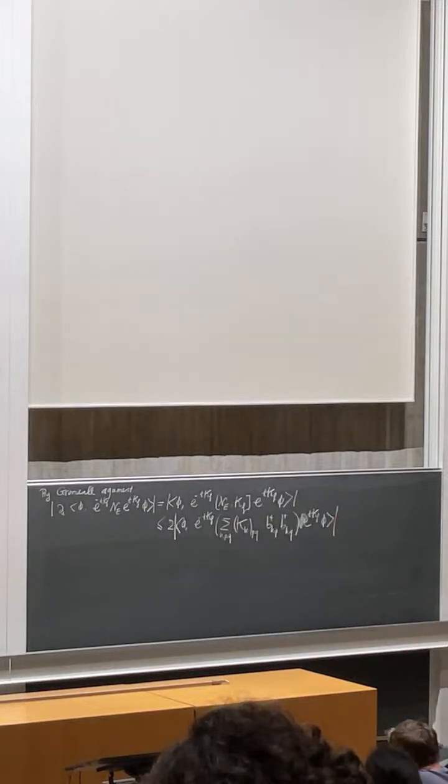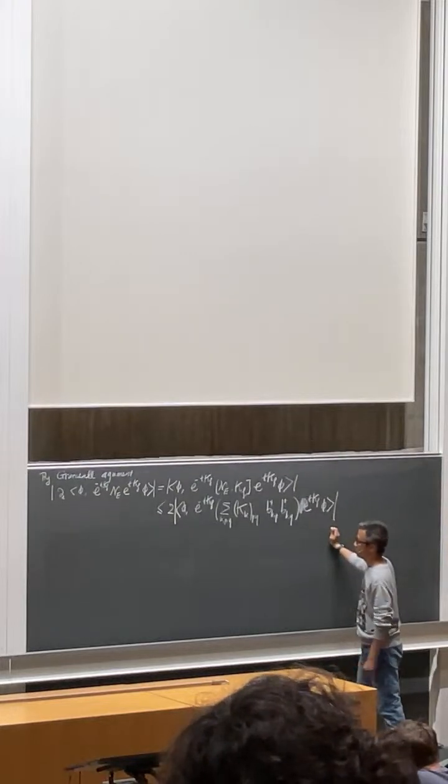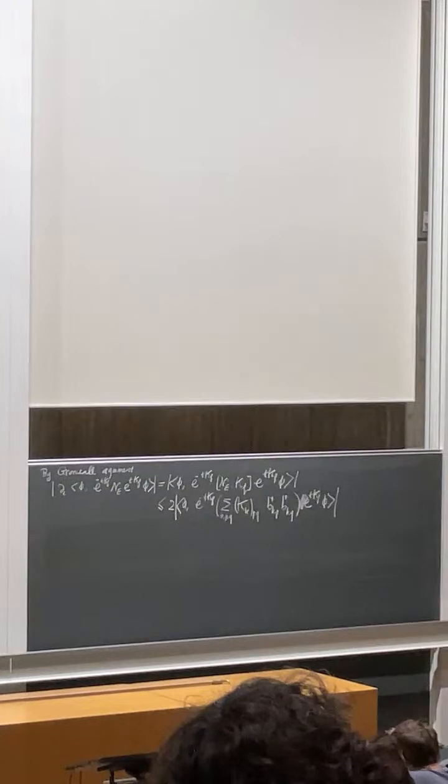Right? So this time and then the conjugation, but we can put everything in absolute values. It's fine. And then we use the Cauchy-Schwarz inequality here.